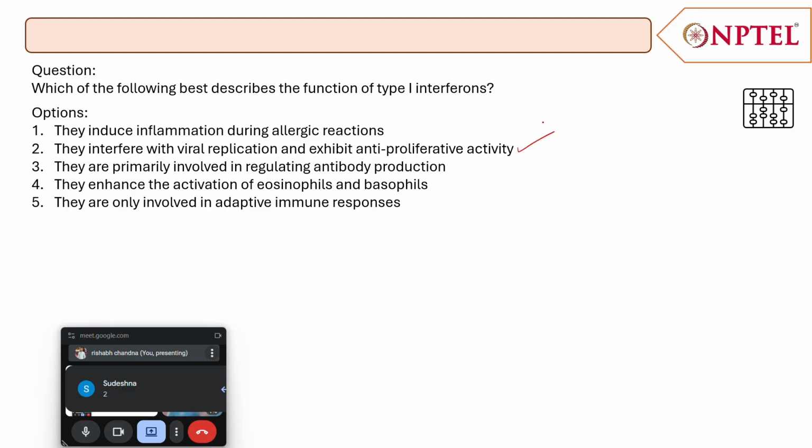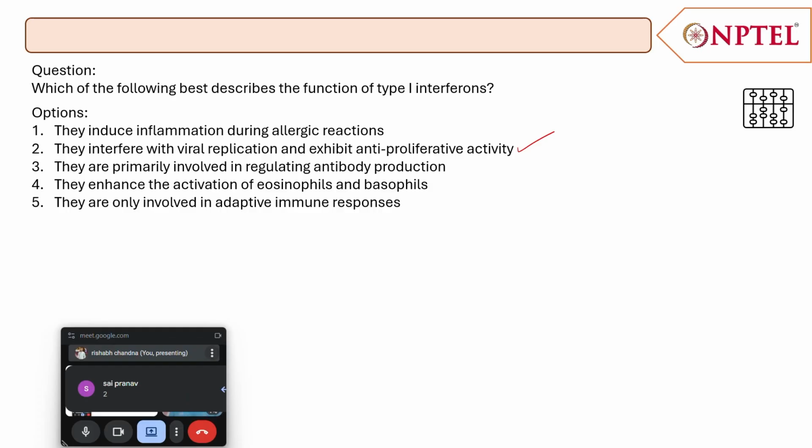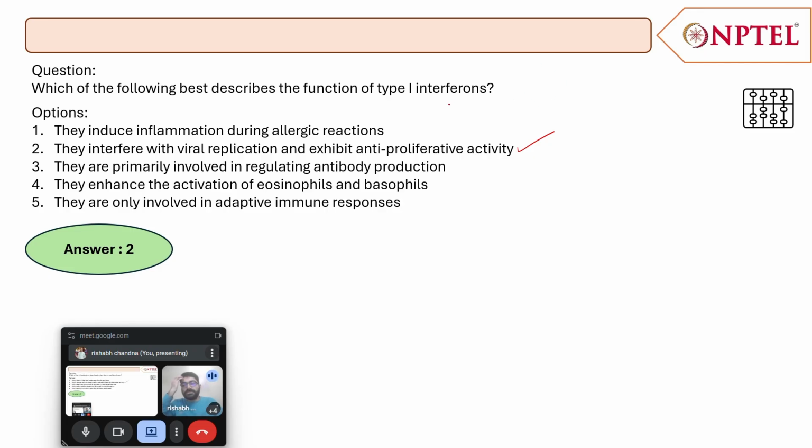Okay, so the correct answer is option 2. So, IFNs or interferons are basically important in that they interfere with viral replication and exhibit anti-proliferative activity. Okay, so this is the example where interferon therapy is also given.